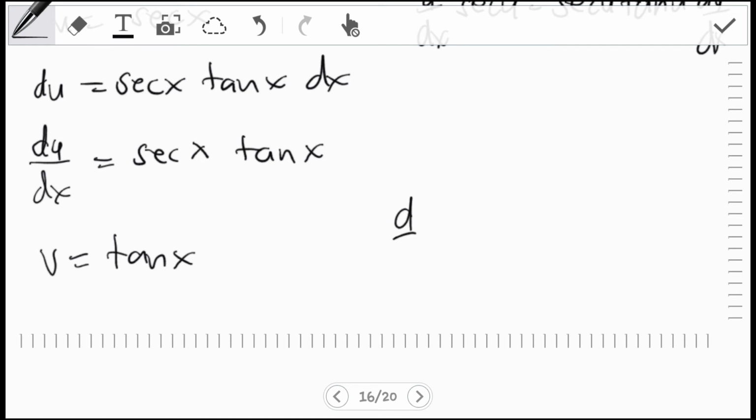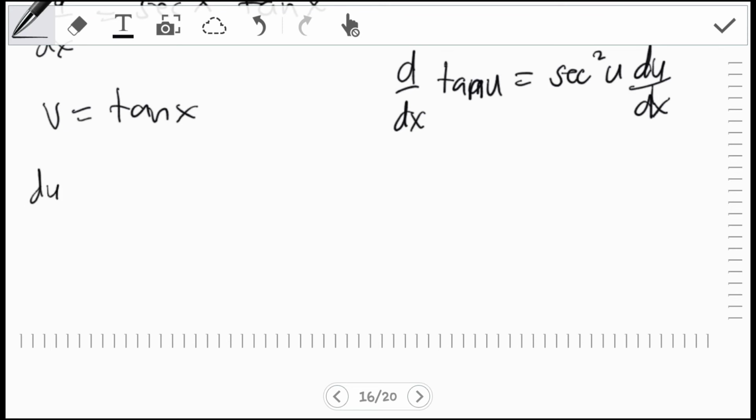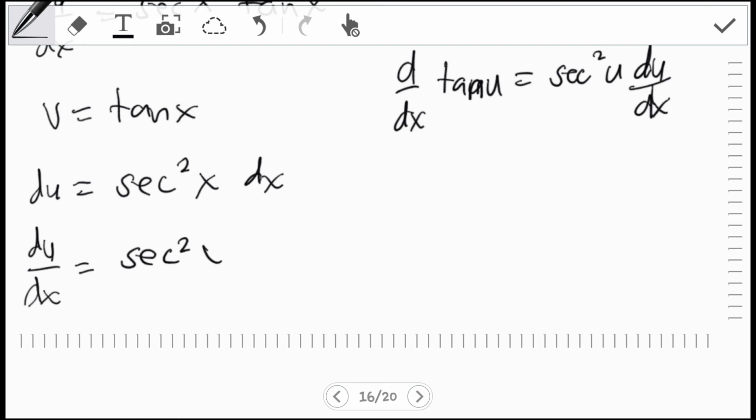So apply this formula, d over dx of tan u is equal to secant squared u du over dx. Okay, so dv over dx here is equivalent to secant squared x.